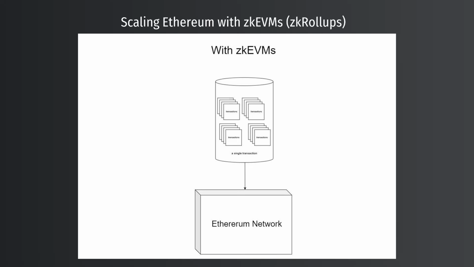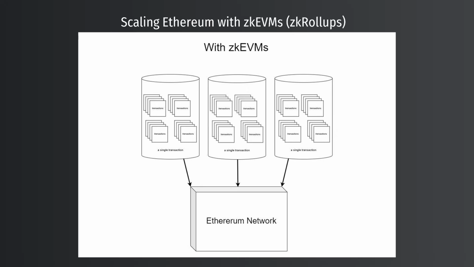And everything proceeds as usual. Now we can see here essentially that once we introduce scaling, we can take that multiple layers ahead, right? We have multiple batches of transactions coming in per second. So we're talking moving from 20 transactions per second to about 1,000, 10,000 possibly, and that scale just completely changes everything as we know it. And that is the beauty of zkEVMs and how they intend to scale Ethereum.